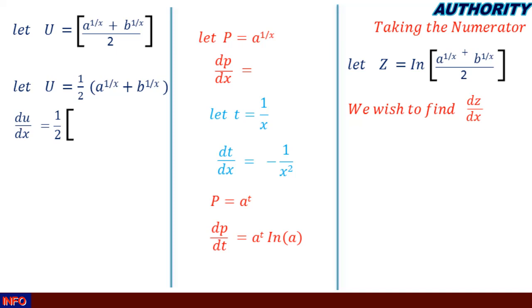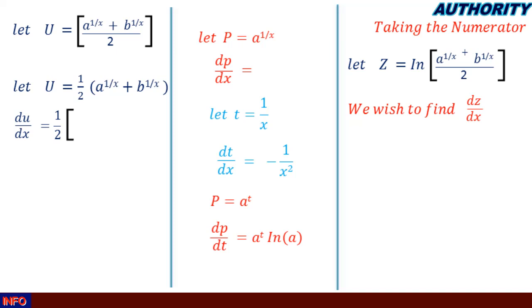We say that dp over dt, that is the derivative of p with respect to t, is giving us a raised to the power of t ln a. Do you get? Good. Now look at it. We want to evaluate du/dx.